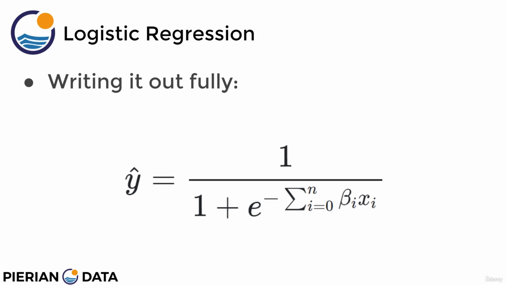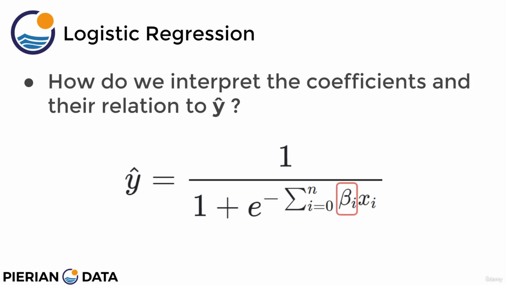However, this does present a new question. How do we actually interpret these coefficients and their relationship to y hat? Previously with linear regression, it was really easy to see the relationship of the coefficient and how an increase in 1 unit could be interpreted versus the coefficient and its effect on y hat. However, with the coefficient essentially being hidden, put all the way in that denominator as a power of the e, we have an issue that it's a nonlinear relationship.